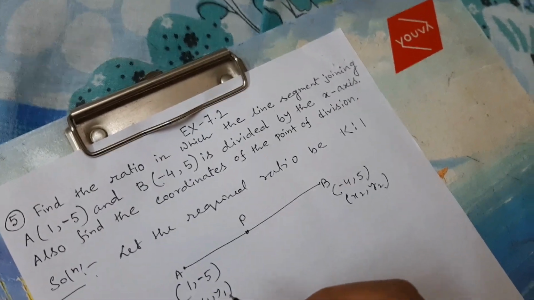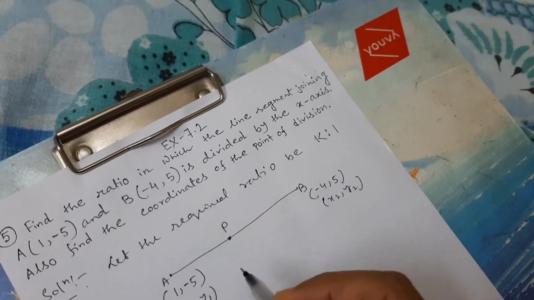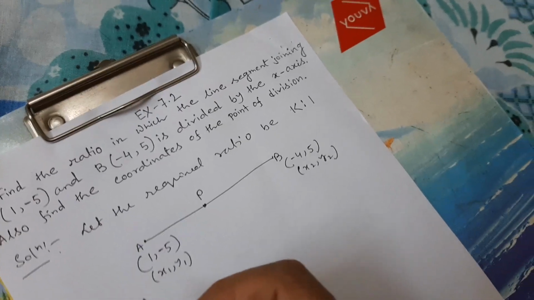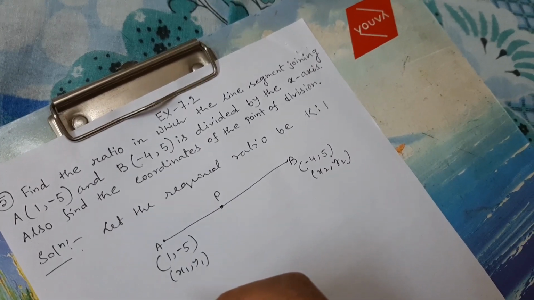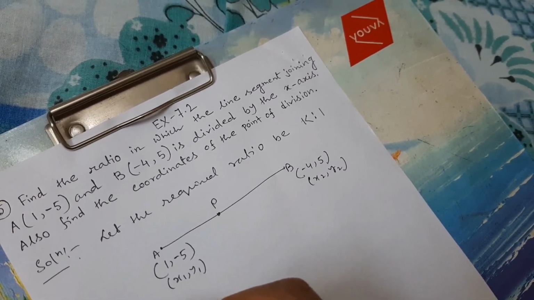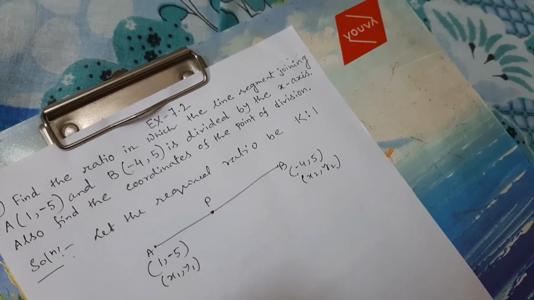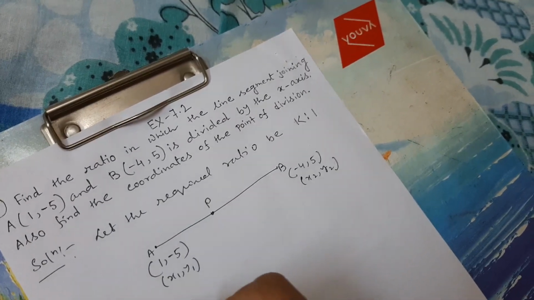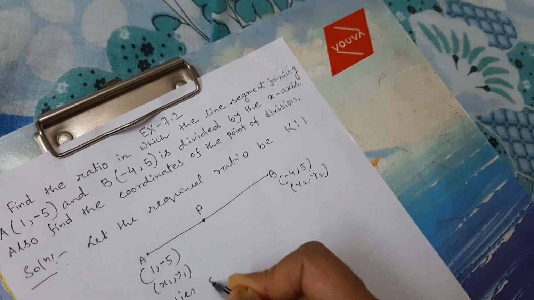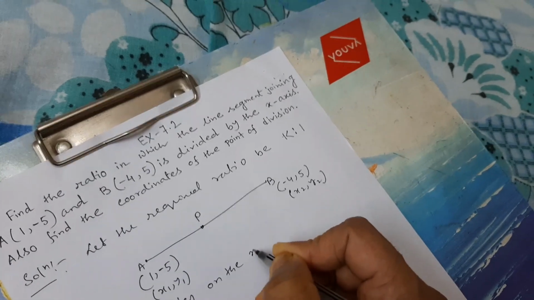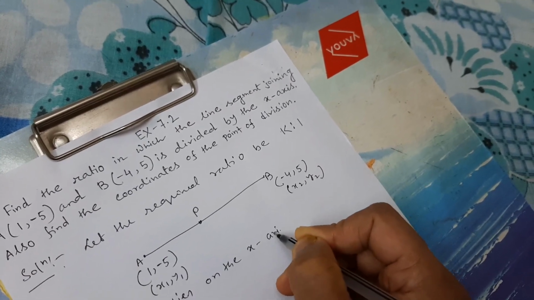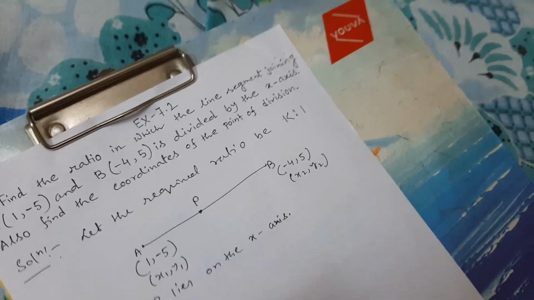And according to the question, P lies on the x-axis because it is given divided by the x-axis. Since P lies on the x-axis.